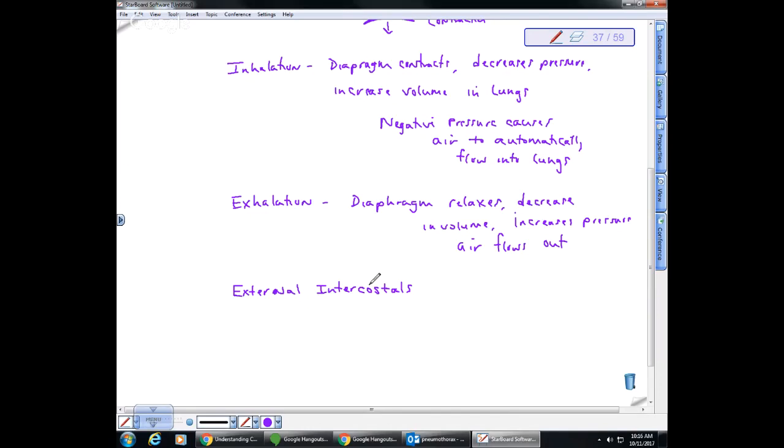When we inhale, we contract those muscles and we cause the rib cage to expand and kind of lift. If you inhale, you can feel your sternum moving up and you can feel your rib cage expanding. So this causes expansion of the rib cage during inhalation.